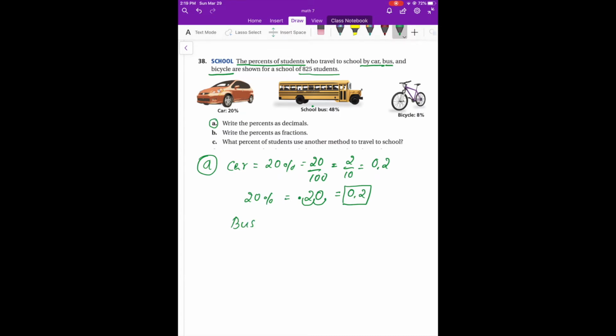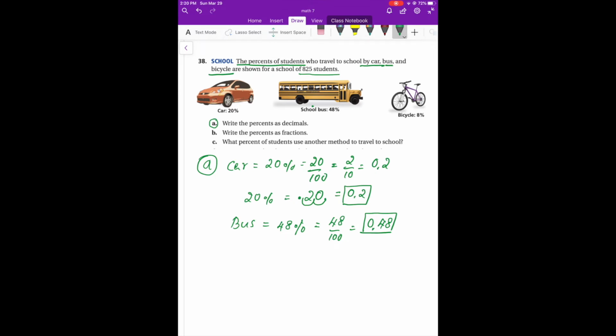The next is school bus. They are 48%, so about half of the students are using the school bus. So that's 48 over 100, or move the decimal over twice to the left. So the decimal form is 0.48. The next method is bicycle.